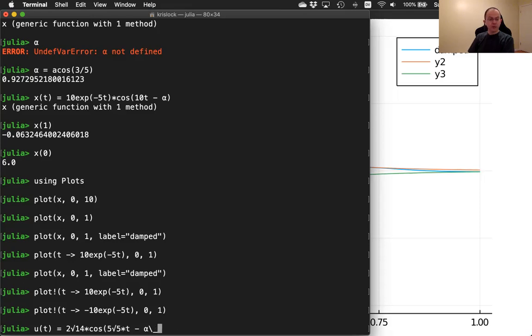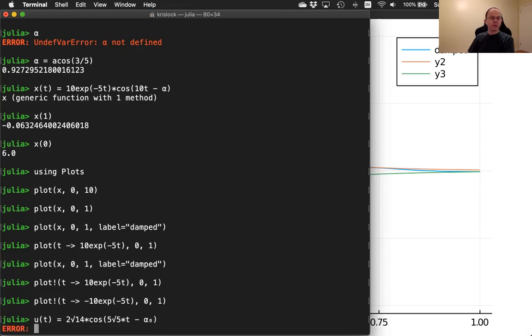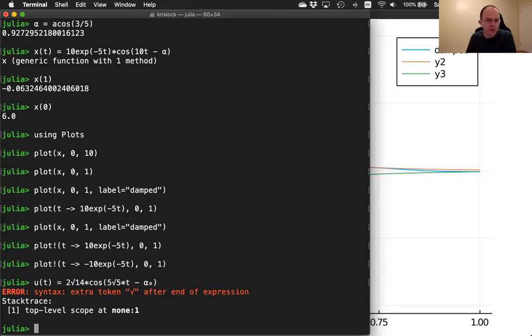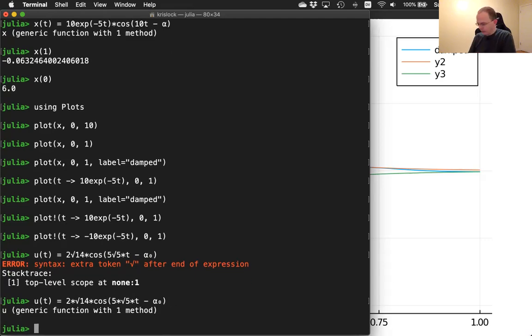Oh wait, how do I do this? Alpha naught, like that. Okay. Oh, I didn't like something I did. Maybe I need to put multiply in here. Okay, and I do need to define that alpha naught.